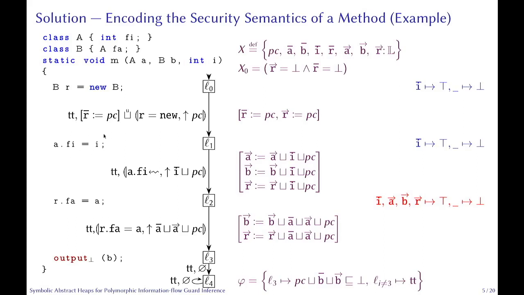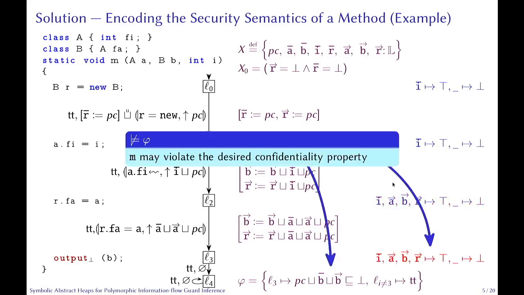We are actually putting secret information in the field of A, but actually B, as we can see, can have a field that references an object of type A. So A can also be referenced or reachable in the heap via B. So we have to raise the level of B, etc. So here we find that we can violate the confidentiality property.